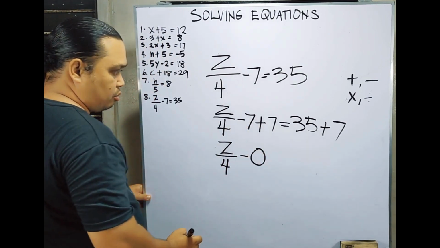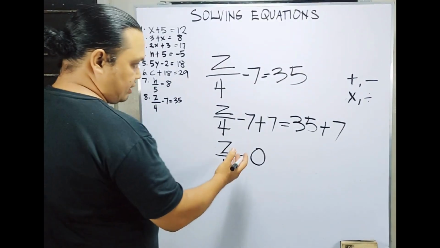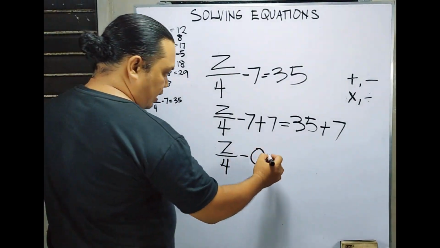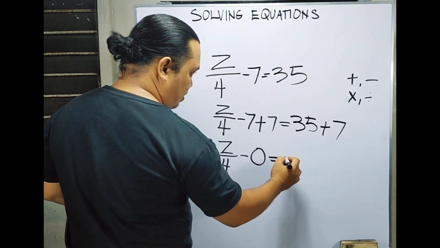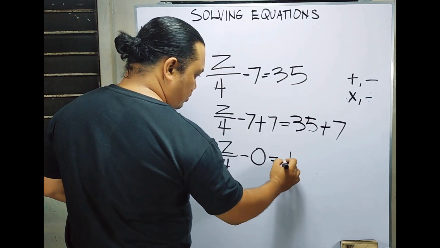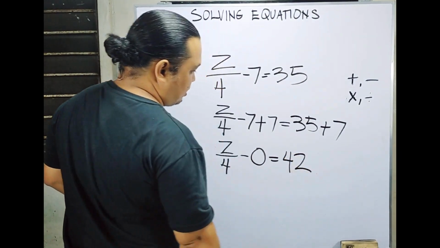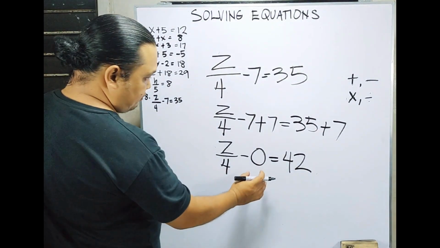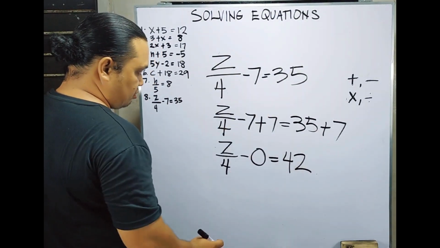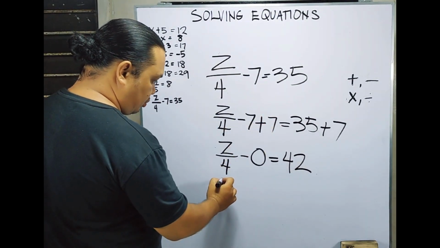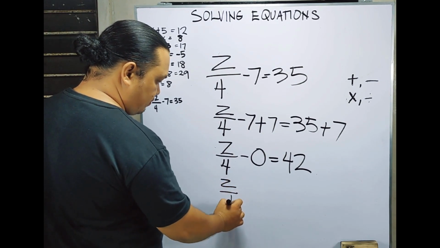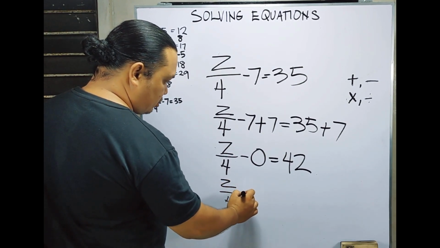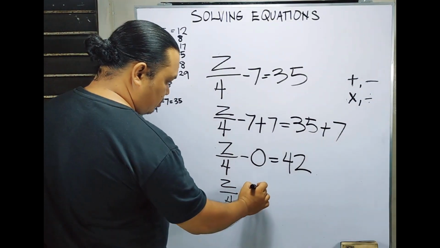Okay, because we have added the opposite of negative 7 here. And copy further, 35 plus 7, that's 42. Okay, now we have got rid of the 7 constant on the left side of the equation. So just copy z over 4 is equal to 42.